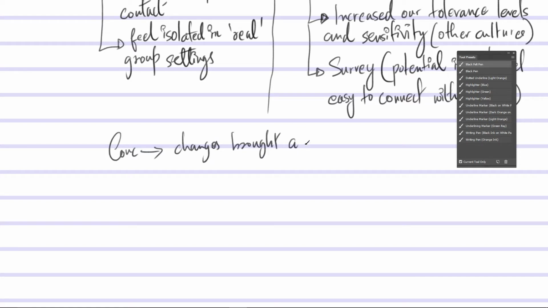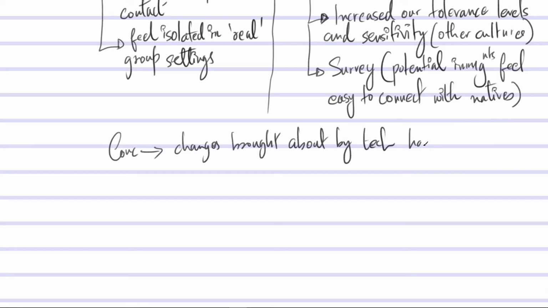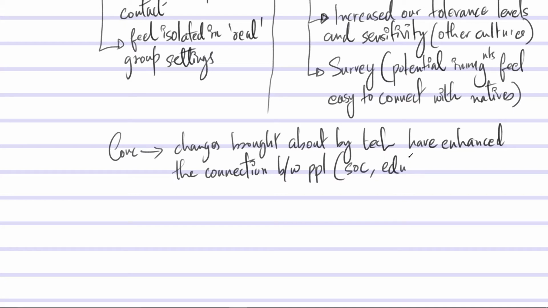So changes brought about by tech have enhanced the connection between people, and by those people I'm talking about social, educational, and business contexts. So it's good to mention that in the conclusion as well.